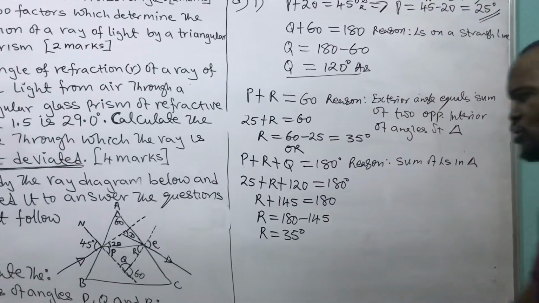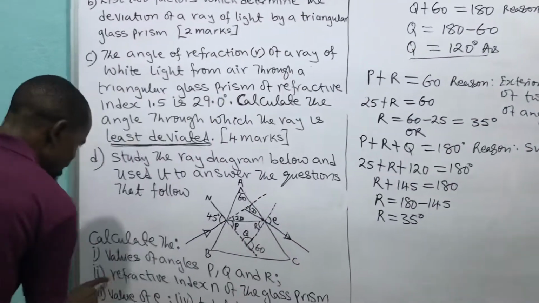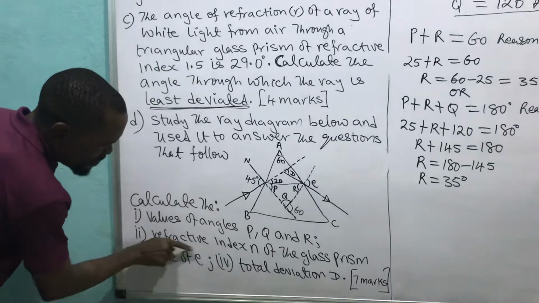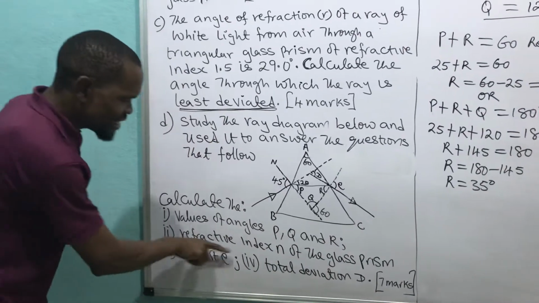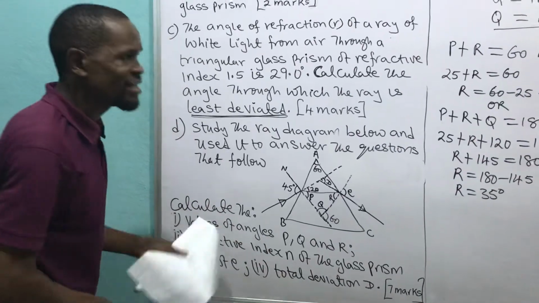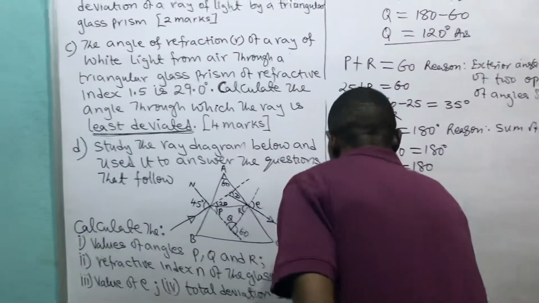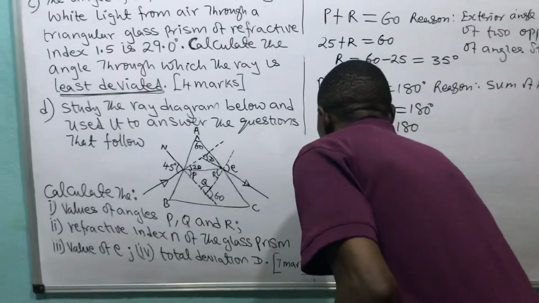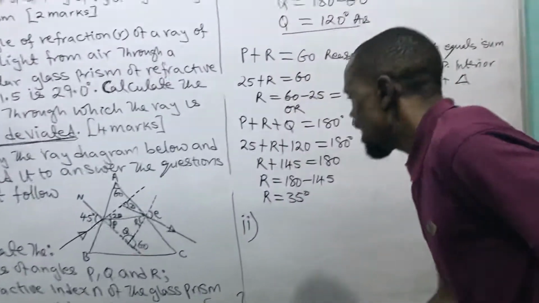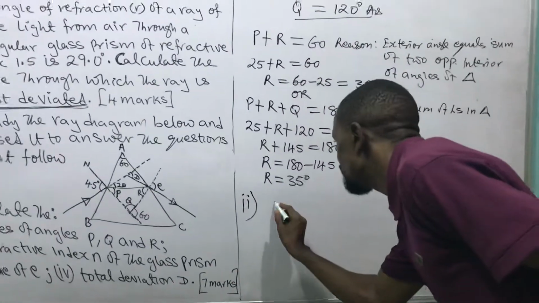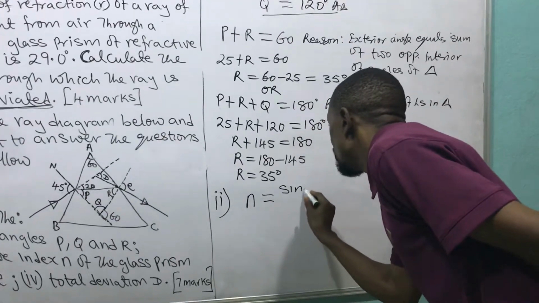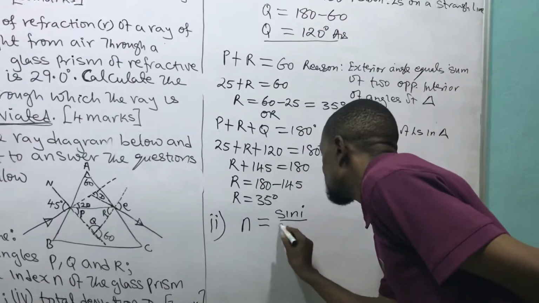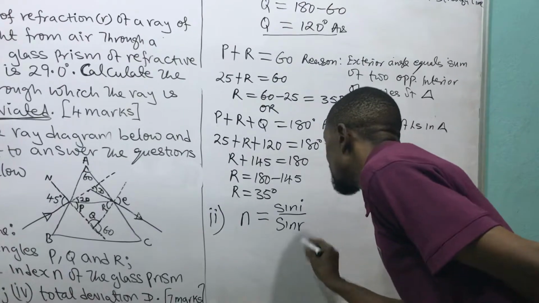What's the next question? The next question said: refractive index N of the glass prism. I've answered the question of I. We now say refractive index of glass prism N is equals to sine of incident angle over sine of refraction angle.